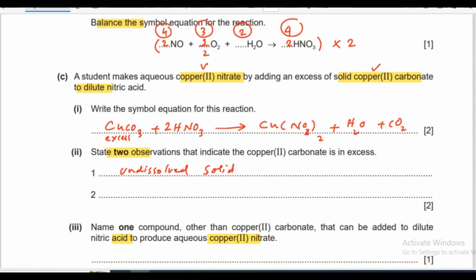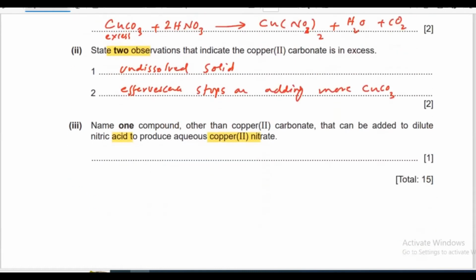The second observation is that copper carbonate produces effervescence of carbon dioxide. When there is no more effervescence, it means no more reaction and the nitric acid is used up. When effervescence stops, on adding more copper carbonate, it means the copper carbonate is not reacting with the nitric acid.